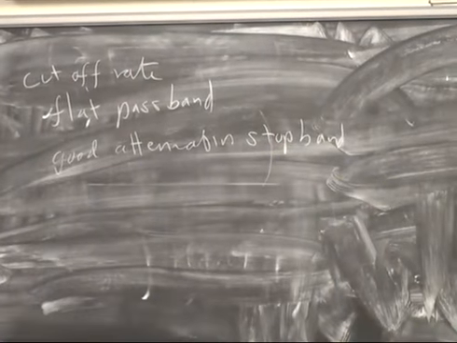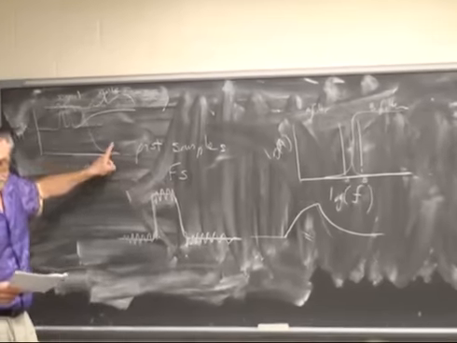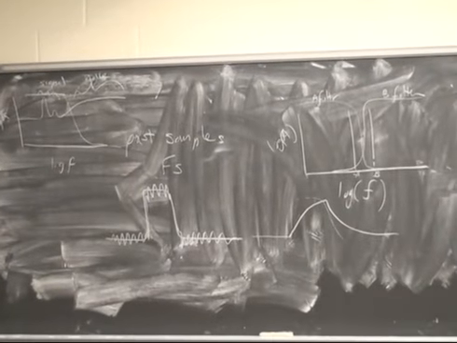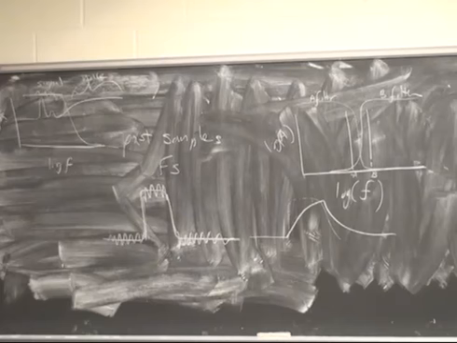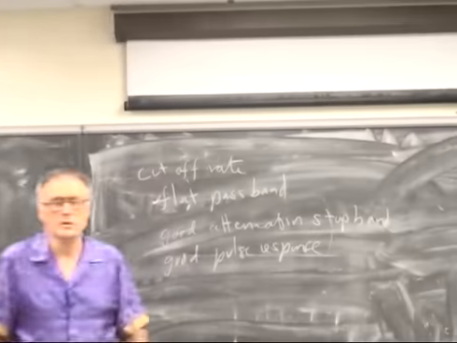Again, looking at an example like this, we want the noise to be heavily attenuated, and it should have good pulse response. Not too much distortion in the time domain.